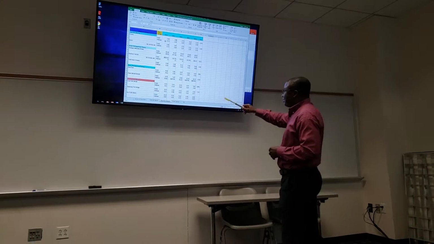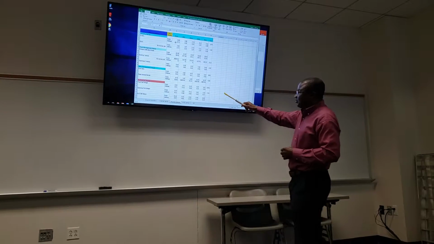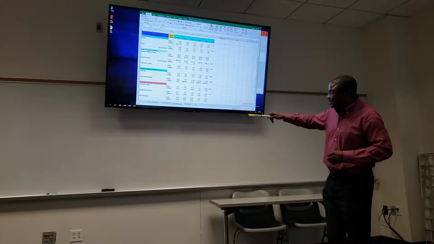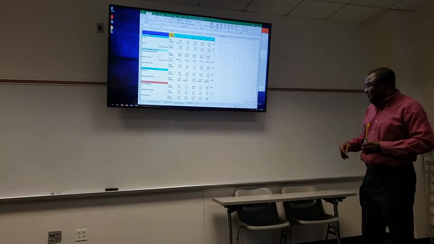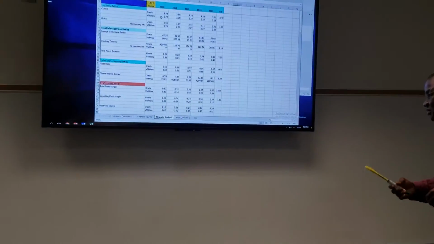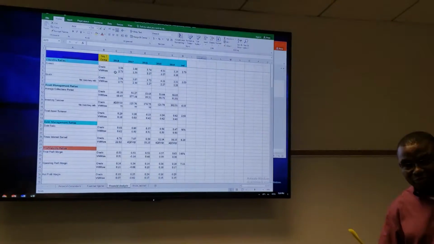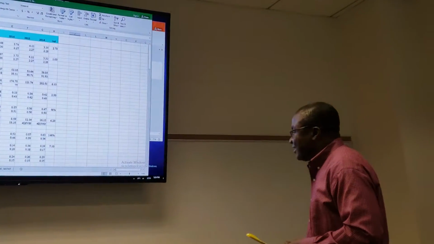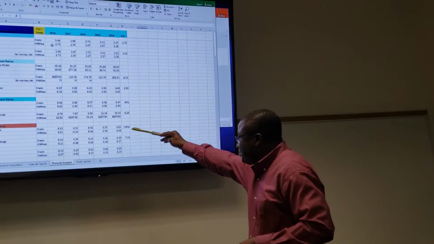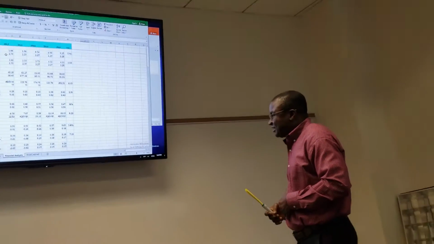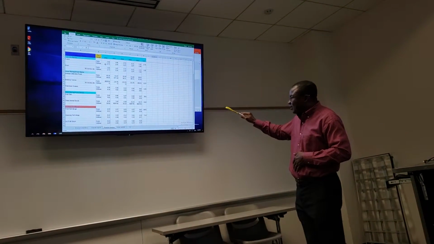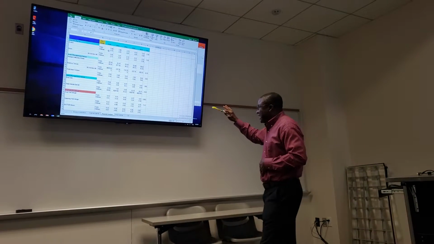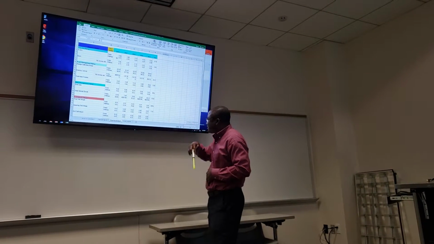Then down to profitability ratios, I computed the total profit margin, the operating profit margin and the net profit margin. So you can see how the company is doing, how much income it's able to generate from its assets. Comparing that to the industrial average, you could see that for Oracle, the figure is higher than the industrial average of 3.6%.